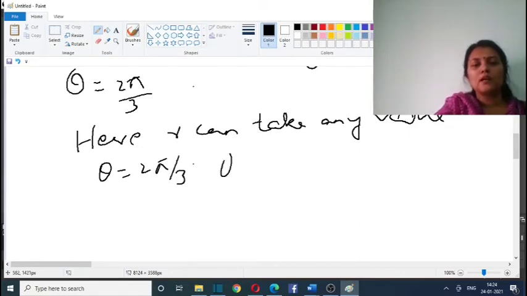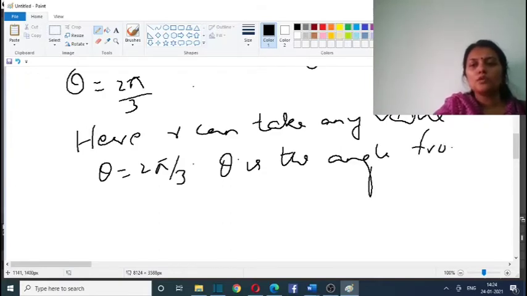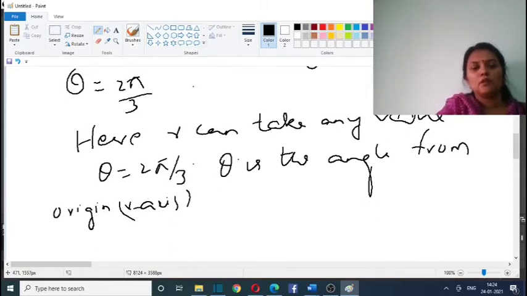Theta is the angle from the origin axis or x-axis to the point in anti-clockwise direction.